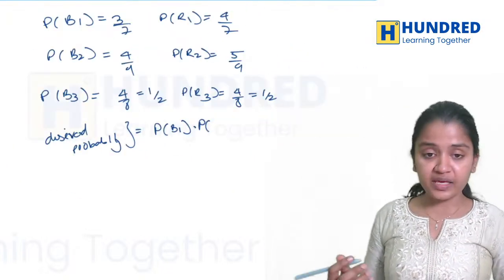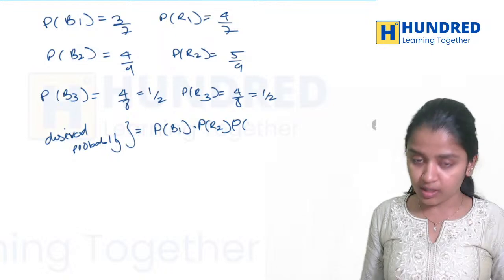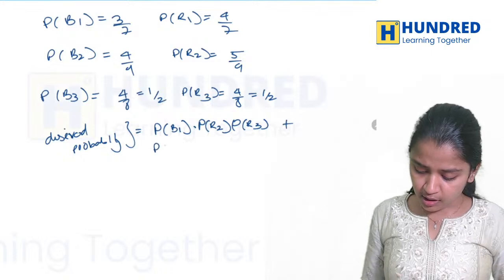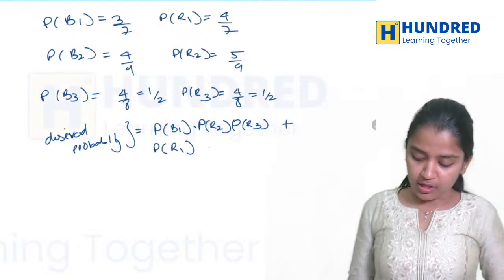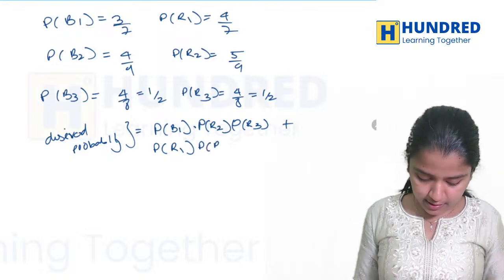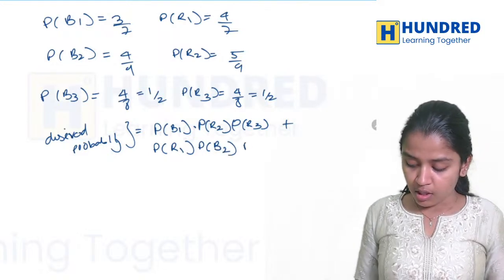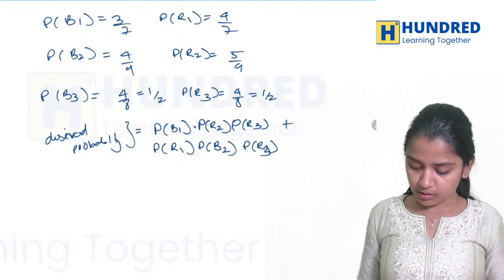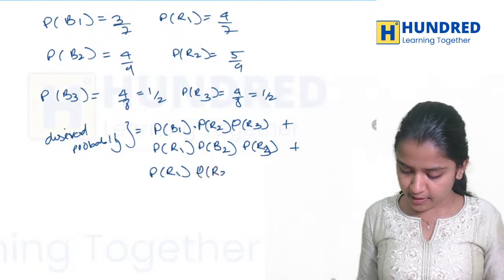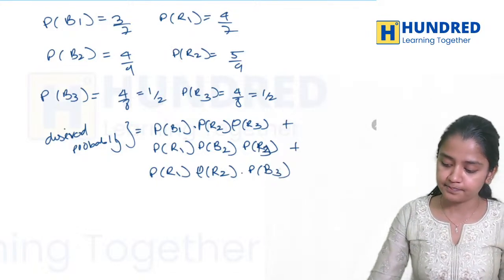So first நம்ம B1 வந்து black எடுக்கலாம், urn B ல ஒரு red, urn C ல ஒரு red. இல்லனா first urn A ல நான் red எடுக்கிறேன், urn B ல நான் black எடுக்கிறேன், urn C ல நான் red எடுக்கிறேன். அதே மாதிரி இல்லனா urn A ல red, urn B ல red, urn C ல வந்துட்டு நான் black எடுக்கிறேன். So இந்த மாதிரி you'll be doing.